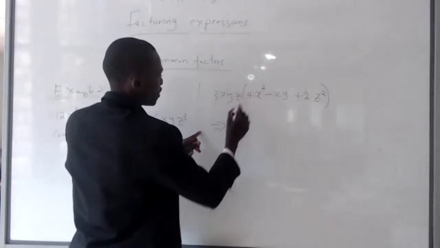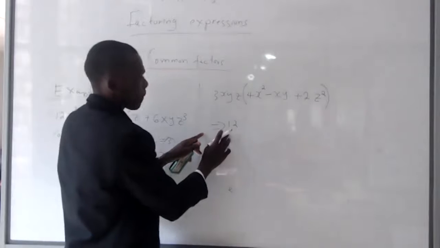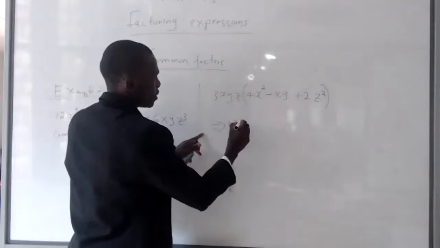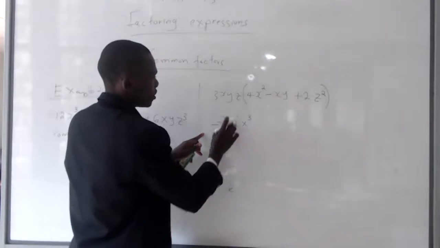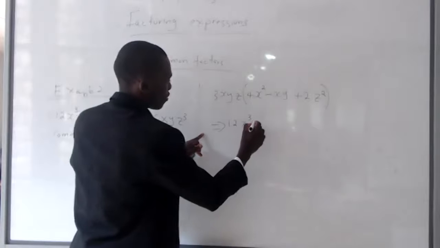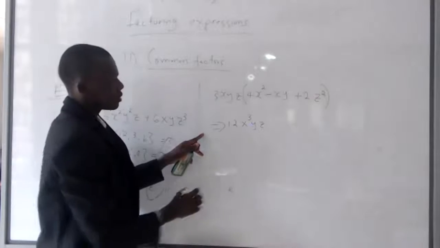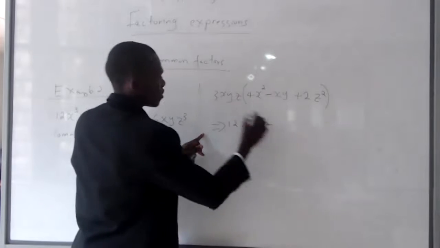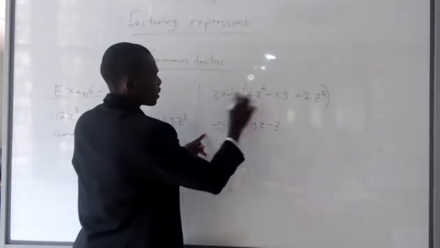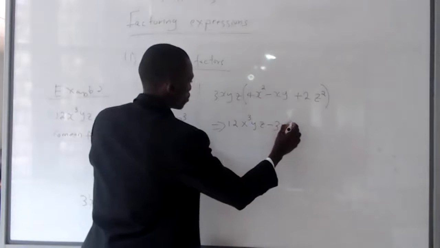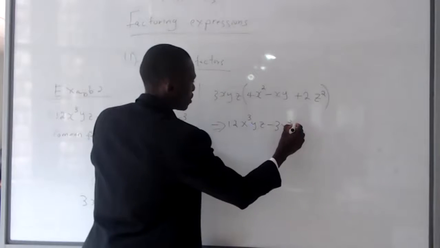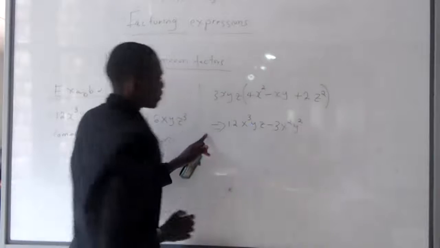3xyz. So 3 times 4 is 12. Okay. x times x squared is x cubed. Y, then we just have yz. Right? Minus, so 3x times x is x squared. Y times y is y squared.